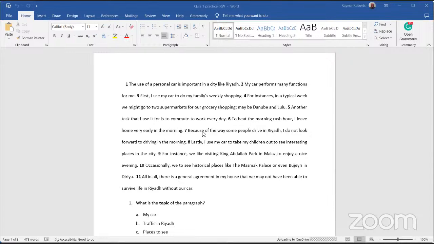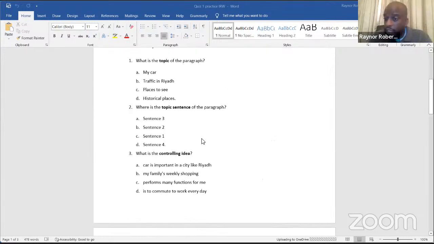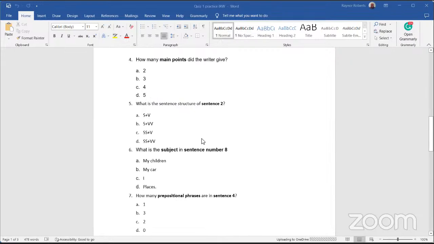It's missing a verb, right? And all in all, I mean, occasionally we like to see, so it's missing a verb. We like or whatever. We like to see, we need to see, we love to see, something like this, right? So it's missing the verb. Make sense? Yes, it makes sense.